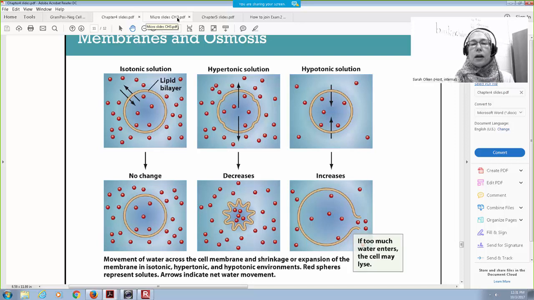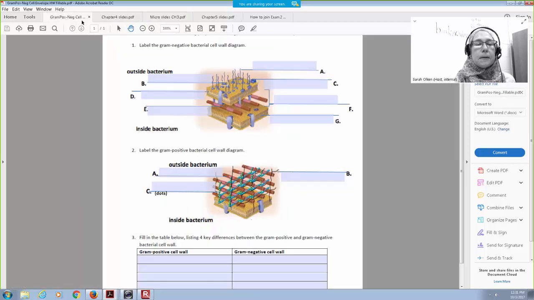So bottom line, you can think of the cell wall as the skeleton that really holds the structure. Without a skeleton, our bodies would just be like a pile of tissue, kind of like Jabba the Hutt from Star Wars.